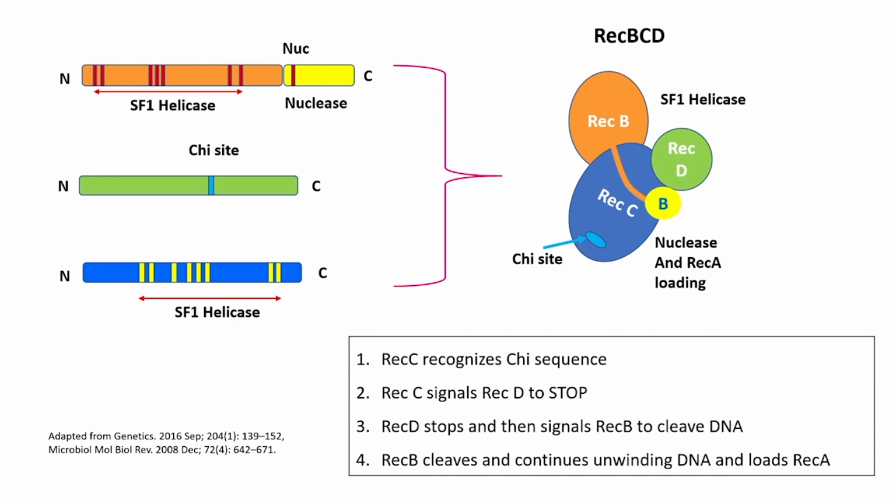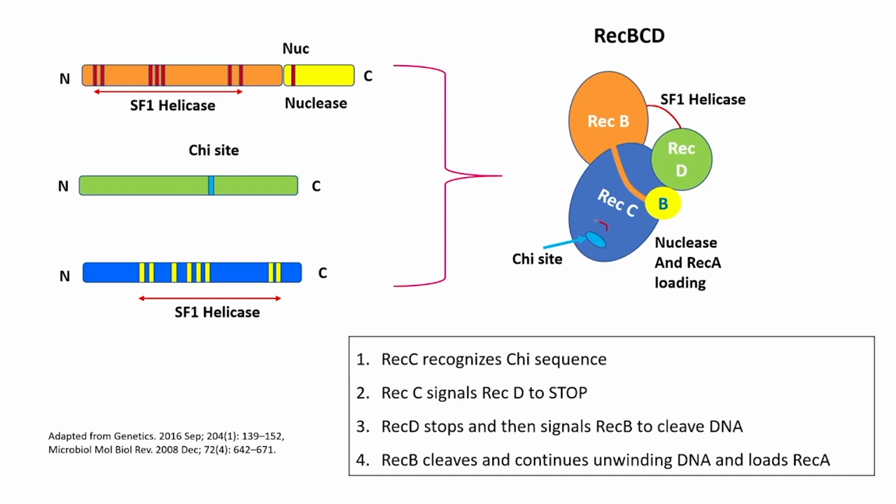All these 3 join together to form the RecBCD protein complex, and in this you can clearly see that RecB and RecD, which contain the helicase activity, will be involved in opening the DNA double strands.